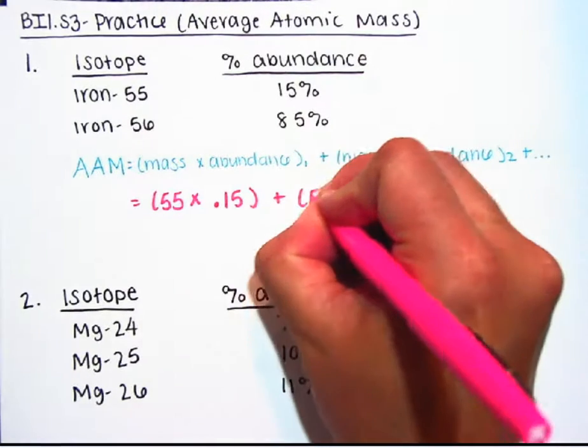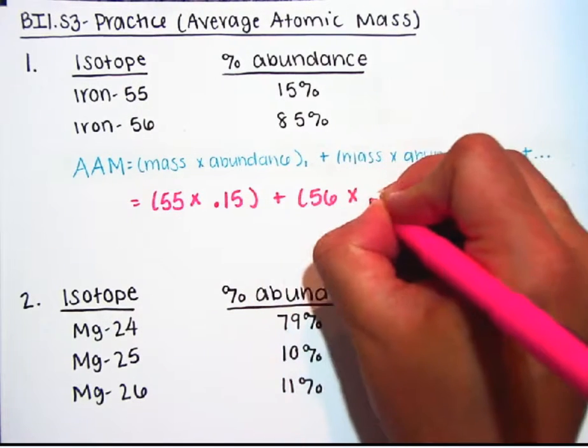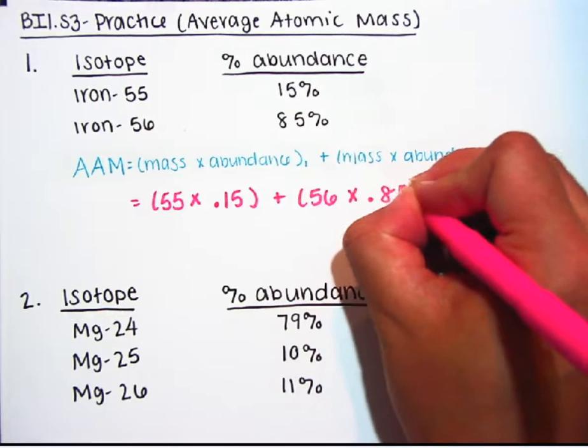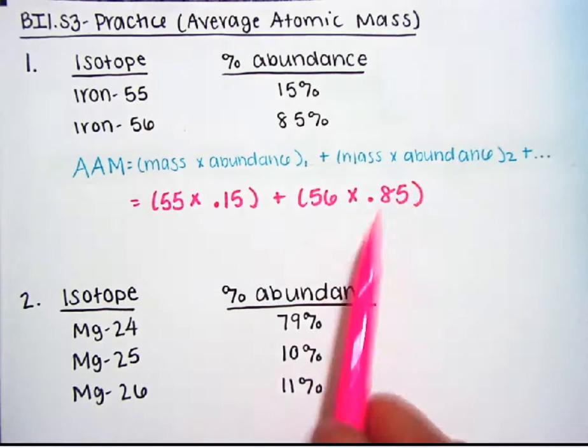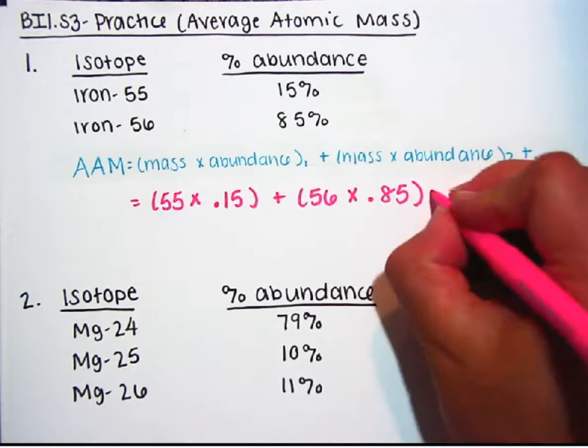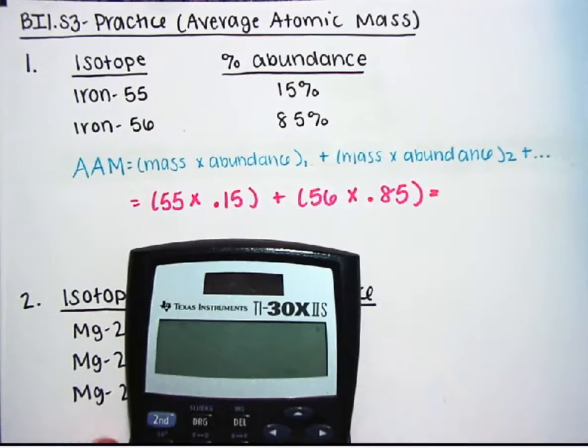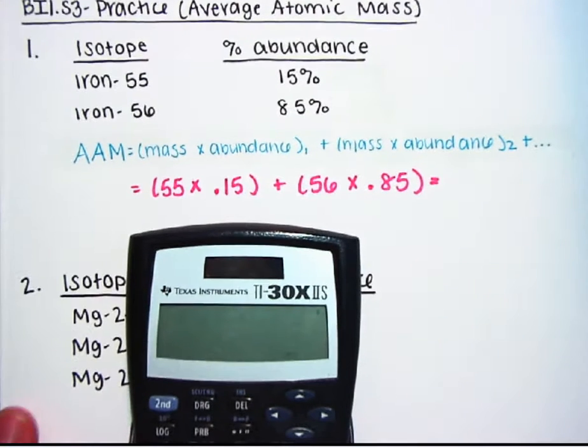Plus mass times abundance, again take 85%, divide by 100. That will switch you over from percent form to decimal form. We want to use parentheses, so we make sure we're getting our order of operations correct in our calculator.